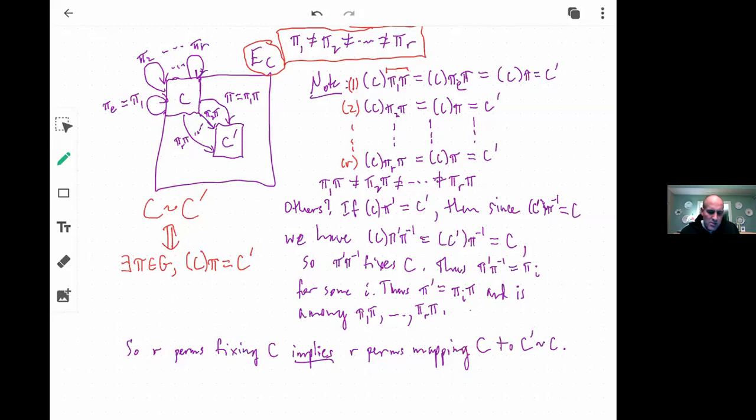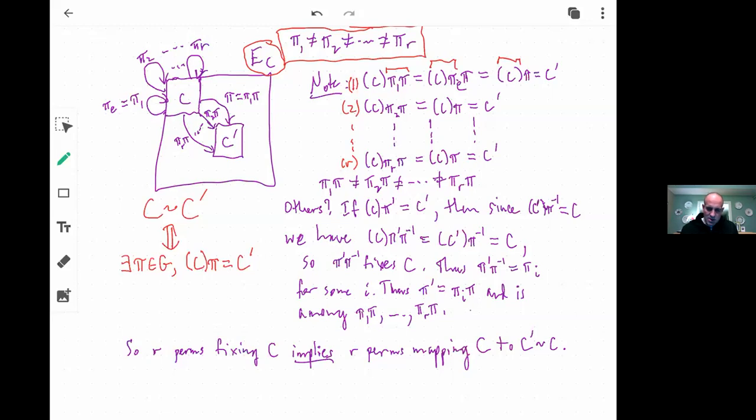Pi 1 fixed C, correct? And I'm operating that with pi. I know that I'm in a group, so this thing is closed. So that is still going to be an element of the group, something I can still operate on these colorings with. And I apply C on the left. So what does pi 1 do to C? Well, it fixes it. So pi 1 is just the identity, and I end up just getting C, and of course pi applied to C is C prime by assumption.